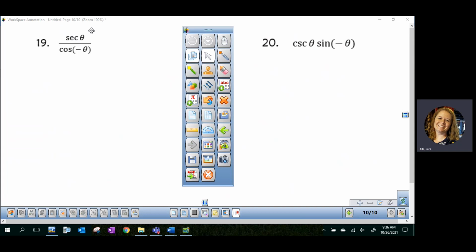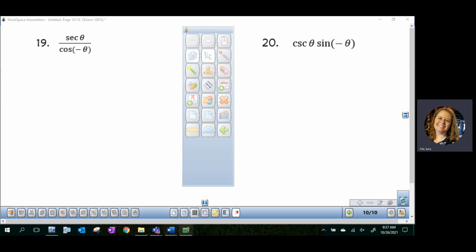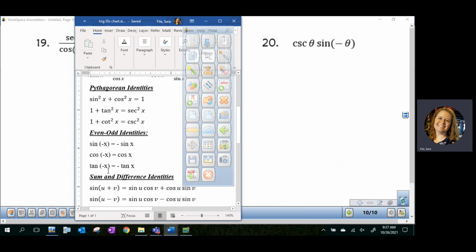All right, so secant over cosine of negative theta. So when you have a negative angle as the input, you should be thinking about your odd-even identities right here. Okay, if it's cosine and you input a negative angle, the output does not change. It's still just cosine of x. But if it were sine or tangent or one of their reciprocals, it would come out negative.